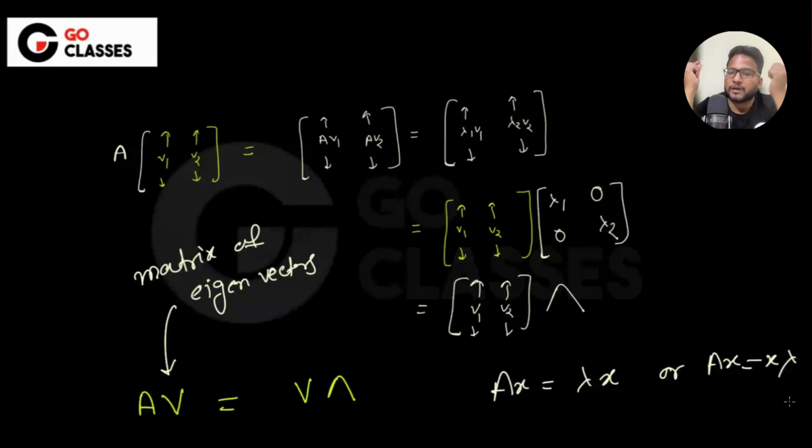Now you have all the eigenvectors: AV, where V is the matrix of all the eigenvectors, equal to V lambda. Lambda is a diagonal matrix of eigenvalues.